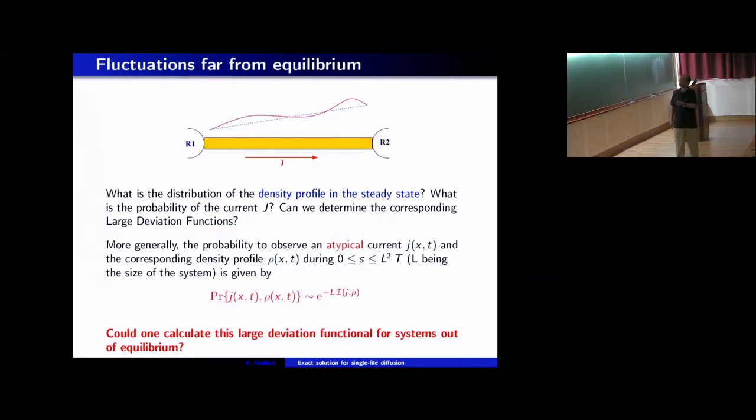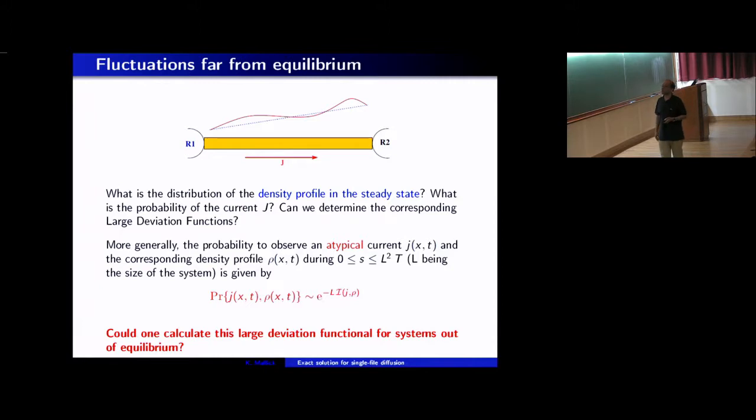And two questions we may ask is what is the probability of seeing a non-typical profile? For example, this red profile. Or what is the probability of seeing a current which is 5 times bigger than the ohmic current, or 10 times less? What is the distribution of this current? So it would be perfect to have the full distributions, but at least if we have the large deviation functions of this profile and this current, we would be happy.